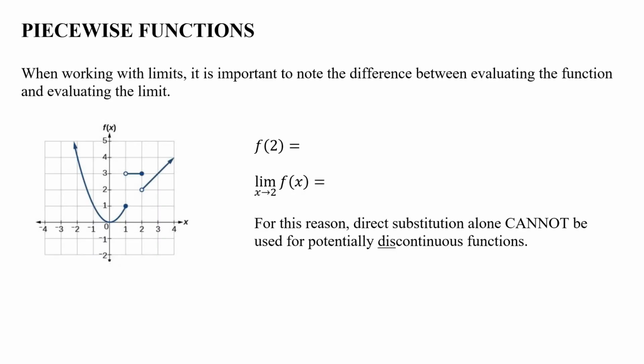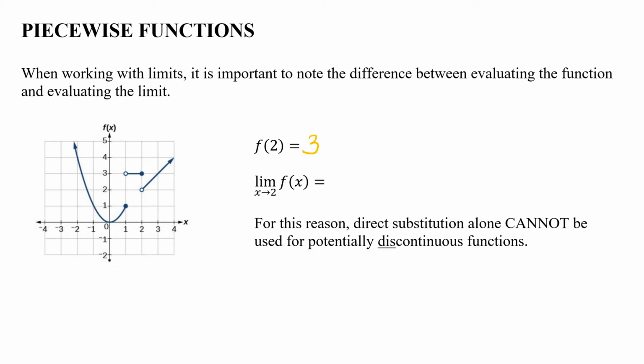When we're working with limits, it's important to note the difference between evaluating the function and evaluating the limit. Sometimes evaluating a function and evaluating a limit will give us the same value, but sometimes they won't. For example, if we look at f of 2 for this piecewise function, when our input is 2, our output is 3 at this closed circle.